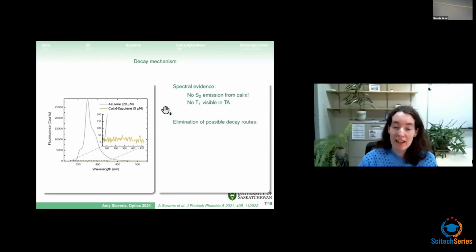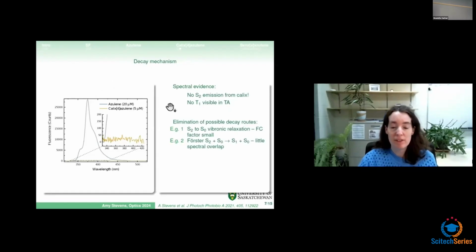We then had to try and eliminate all possible decay routes. We looked at things like the Forster energy transfer, but that wasn't going to be useful because the spectral overlap of your S2 and your S1 levels is very, very low.